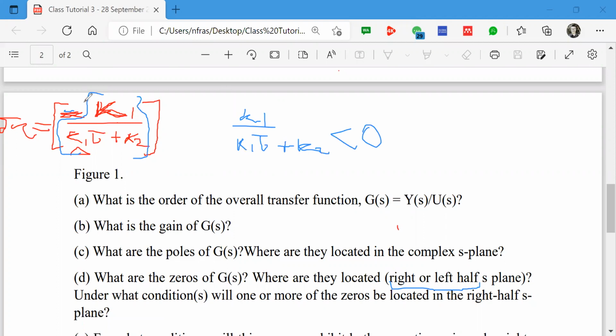So when it's less than 0, this will also tell you something about the location. So it's in the right half plane. How we establish that forms part of your slides. I think in part 2, you can also see different conditions and various examples there.